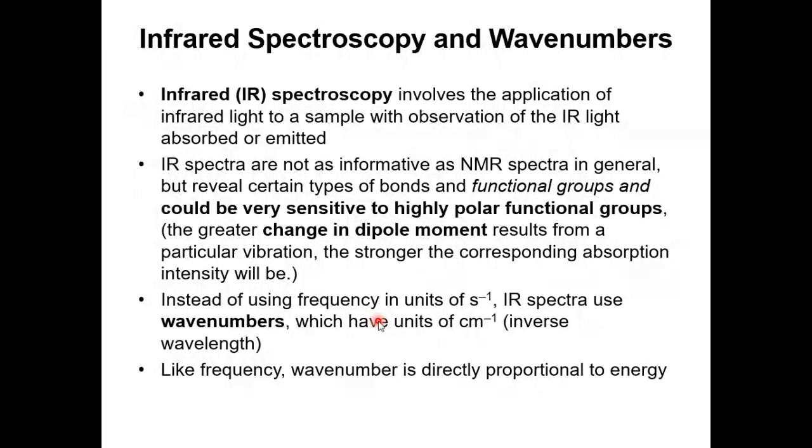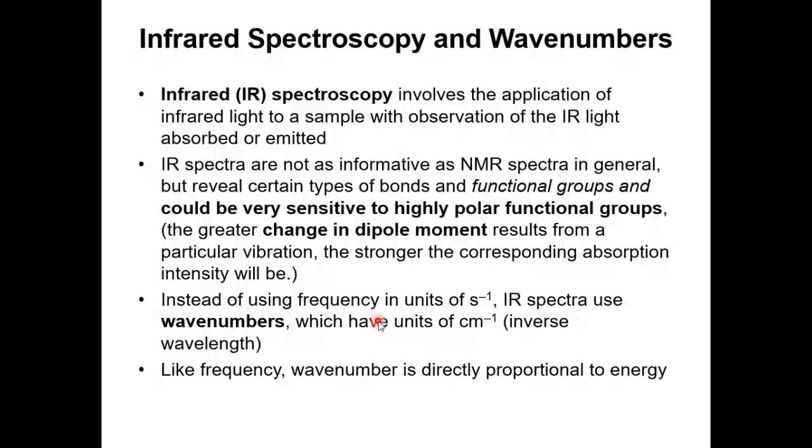Why is that the case? Because this is important, so take note. How strongly a particular vibration can absorb infrared, the ability of a vibration to absorb infrared photons, is directly related to the change in dipole moment resulting from that vibration.